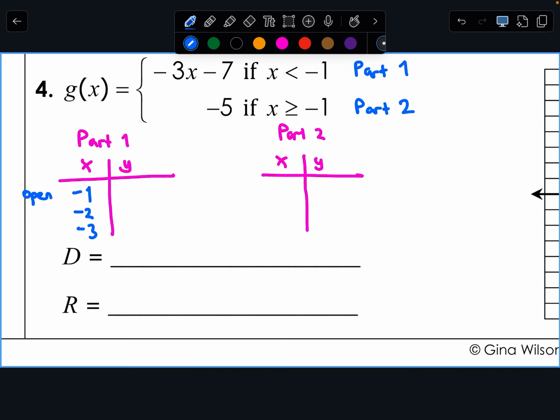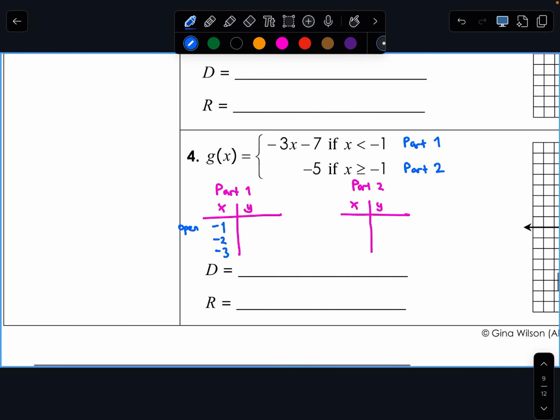All right, the next thing we're going to do is plug in the values of -1, -2, and -3 separately into this first part. Remember, the first part equation is -3x minus 7. So for part 1, it's going to be x equals -1.